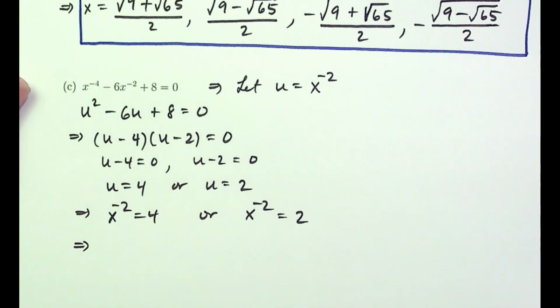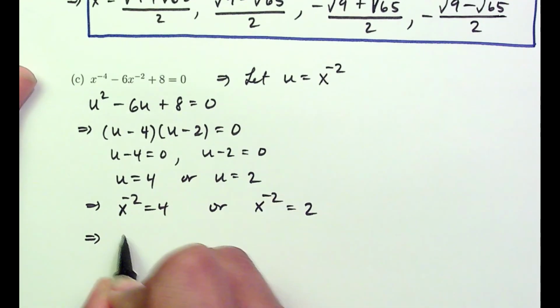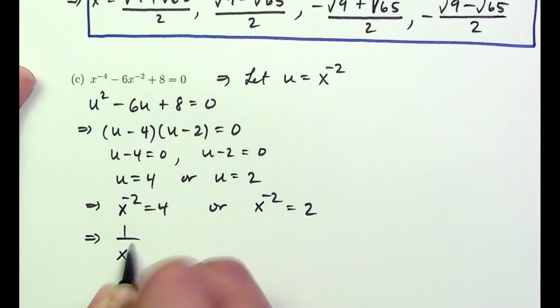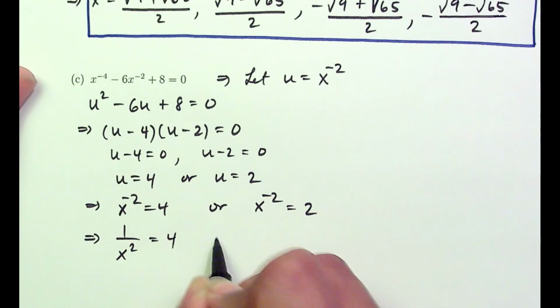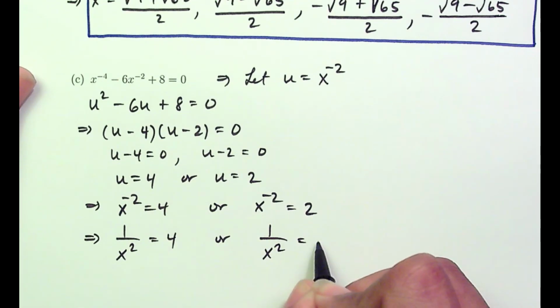Okay, now what does that mean? Remember that a negative exponent just means you flip it. So this is 1 over x squared equals 4. And this one means 1 over x squared equals 2.